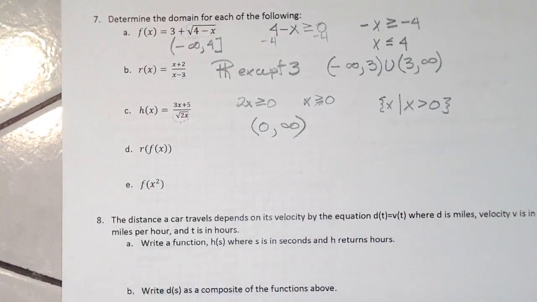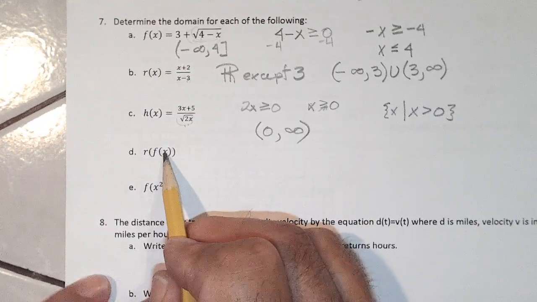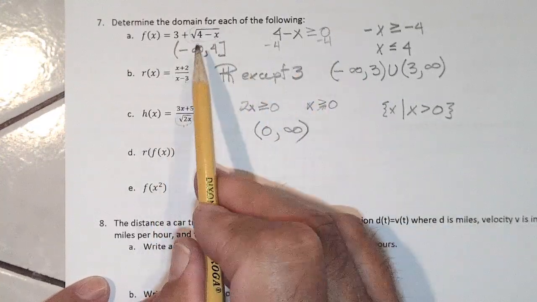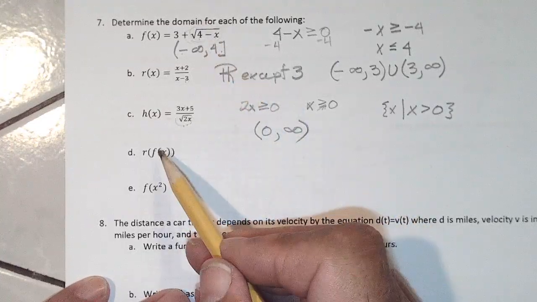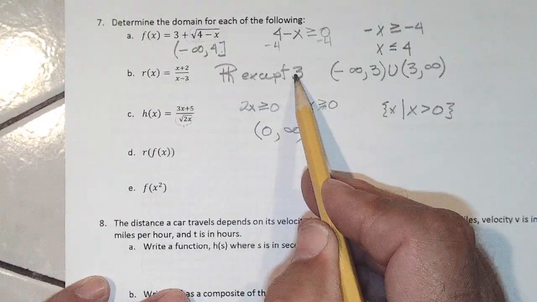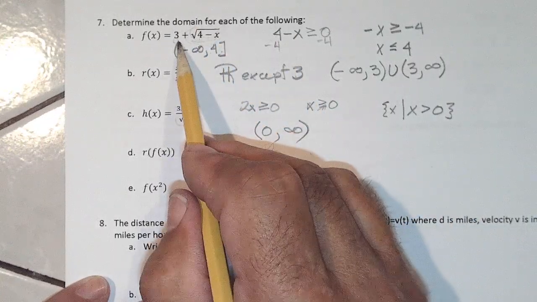Now, this one. If I have to be able to put it into f, the only things I can put into f are from negative infinity to 4. And then I have to be able to put it into r, and I can't get 3. Well, what would give me 3 from this?